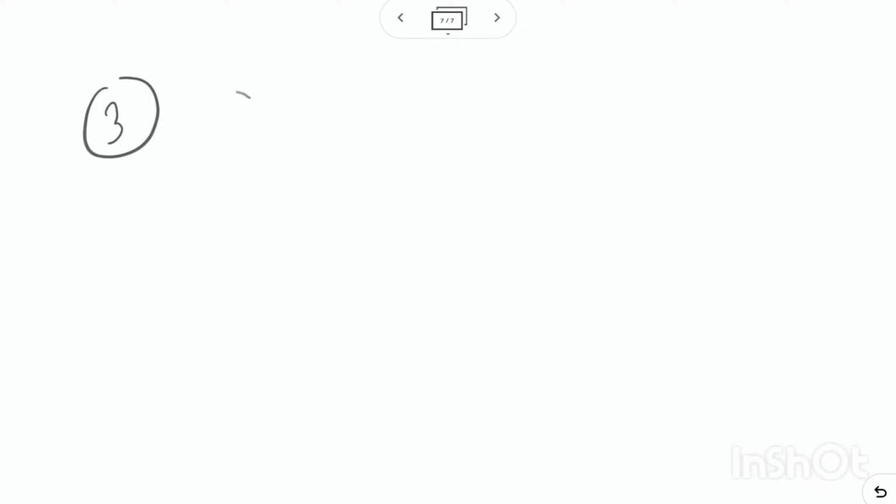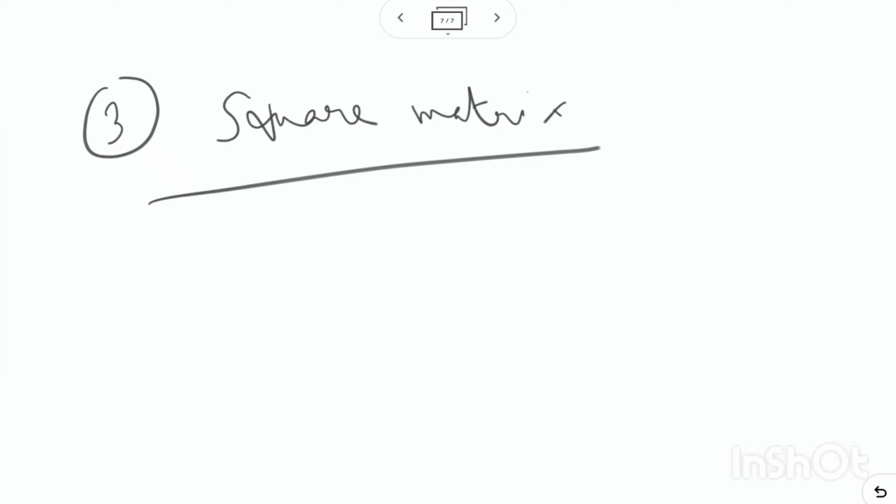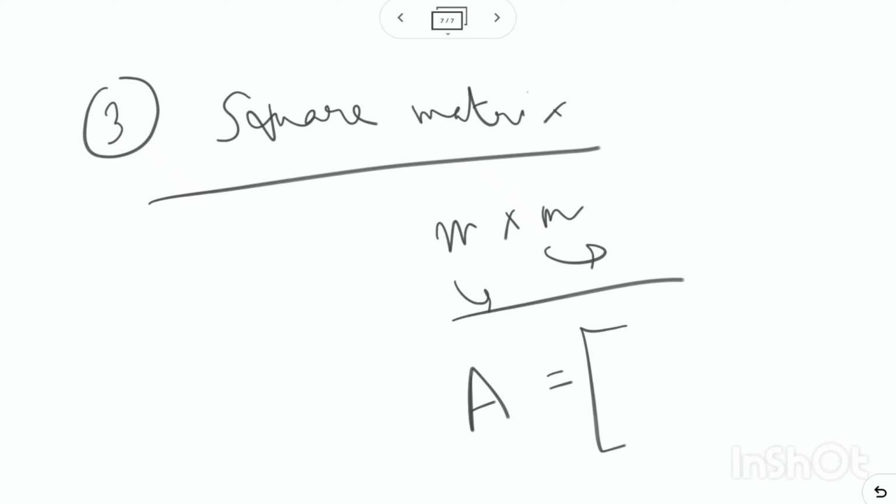A square matrix is one where the order of the matrix is m cross m, that is, the number of rows and the number of columns are the same. For example, 2 3 4 5.